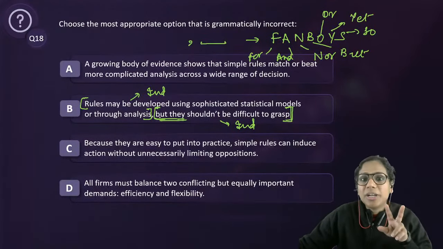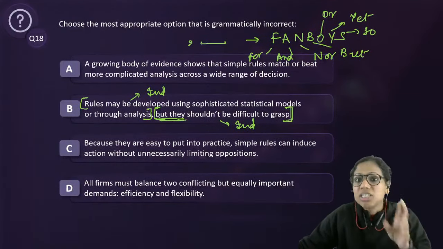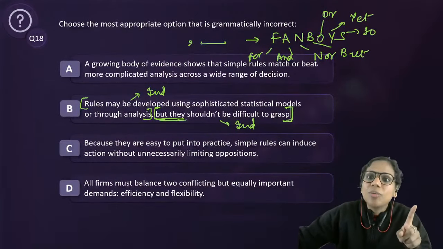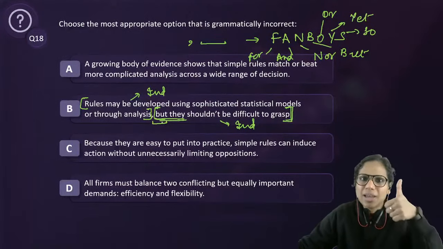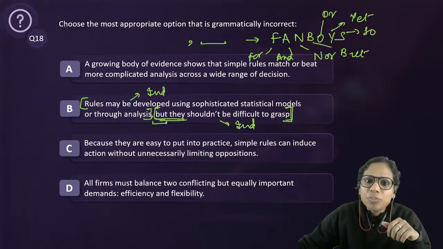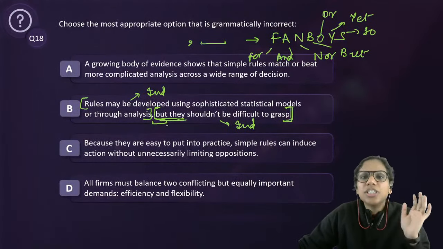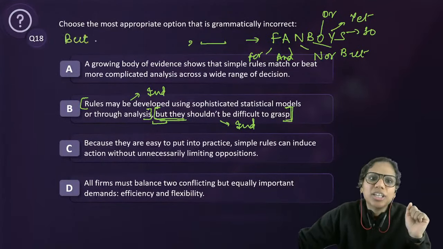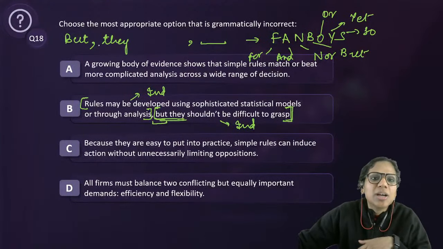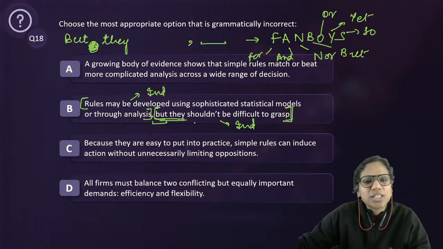I told you that independent clauses cannot be joined with just a comma, but with a comma and a FANBOYS conjunction, they can be joined. So comma plus but, this is absolutely fine here. Now, should I put a comma here or not? Actually, it is optional. You can put a comma here to indicate that you're saying, but they shouldn't be difficult to grasp, but it's not essential. So that's why no error here.